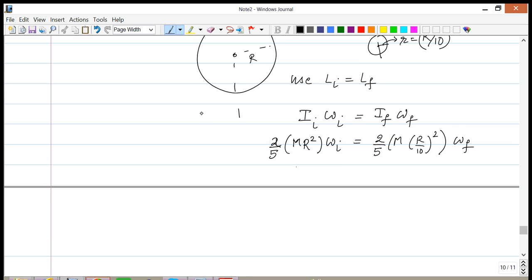Now, what we know here is that if you calculate this, the m and 2/5 all cancel out, and omega_f will be equal to 100 times omega_i. So the star will be spinning at a much higher rate compared with what it was doing before it shrunk.